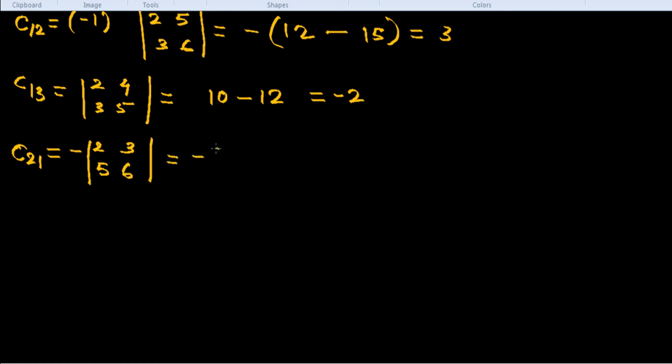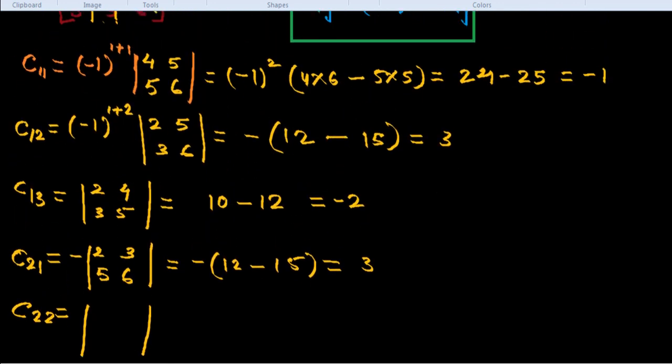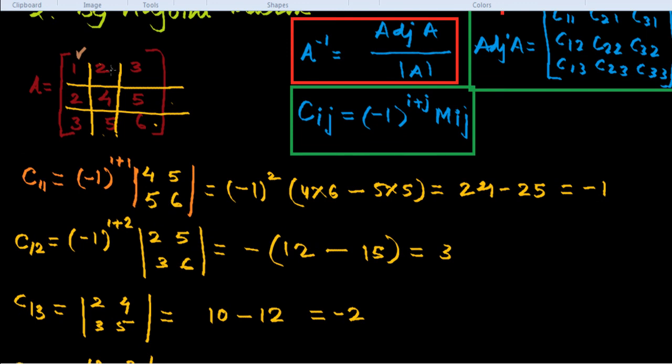So we get 6 twos are 12, and 3 into 5 is 15, so we get minus 3, and with the negative sign it will be 3. Now C22: 2 plus 2 is even, so we take the positive sign, and the elements of the minor A22 are 1, 3, 3, 6.